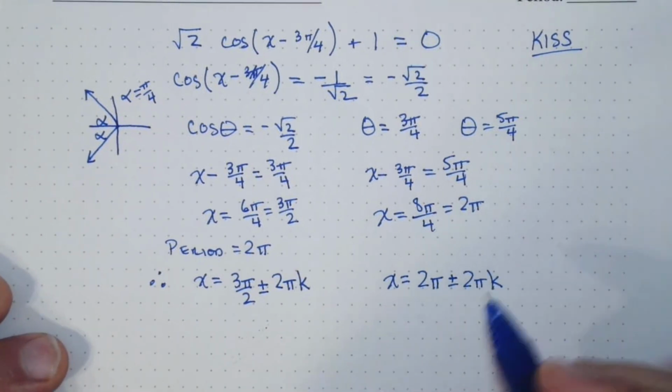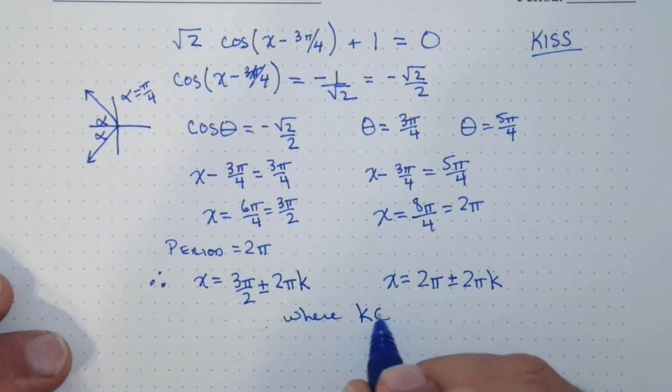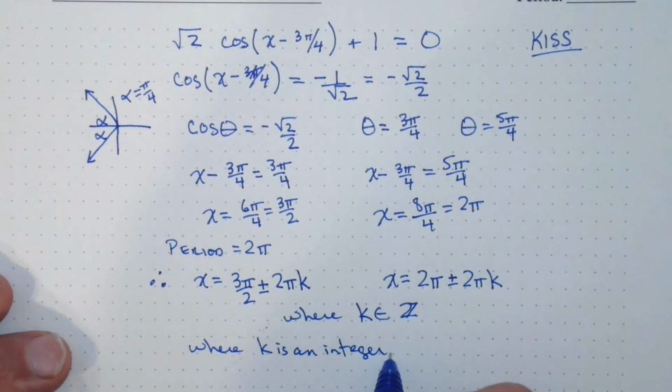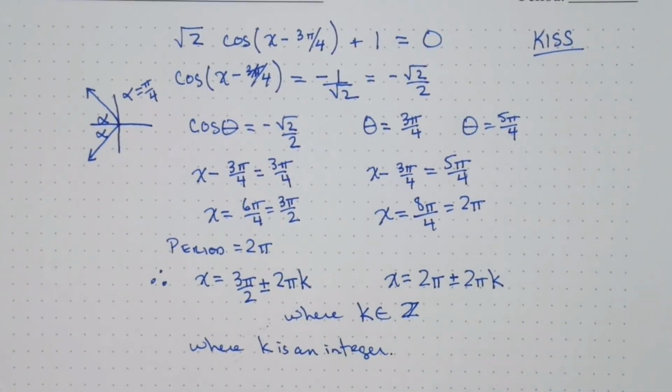But we have to be sure that we specify where k is an integer. You could use the notation, or you could simply say where k is an integer. So we know all our solutions are going to have this form: 3 pi over 2 and multiples of my period, or 2 pi and multiples of my period.